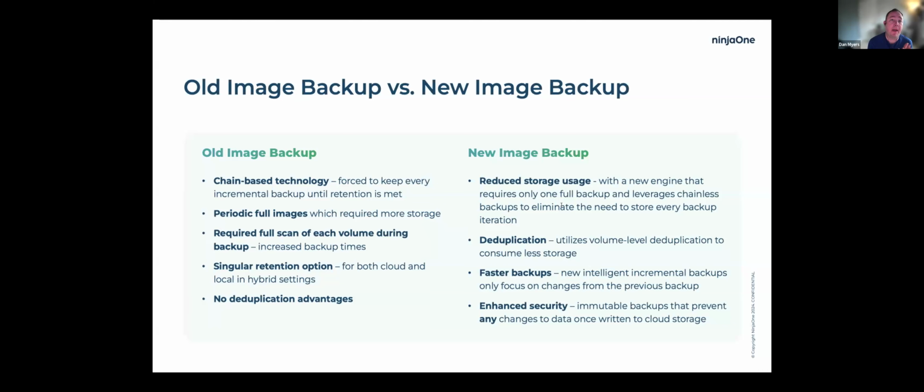Okay, we've talked about our reduced storage usage. Let's talk about deduplication. Because we are capable of dropping data based on the granular retention schedule, this means in practice, we know the position of each block of data we back up at any given time and where it lives on the disk at different backup revisions.